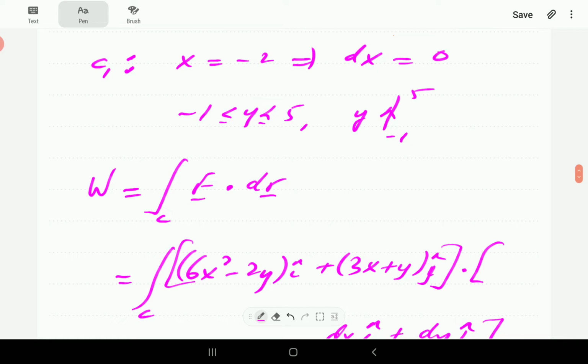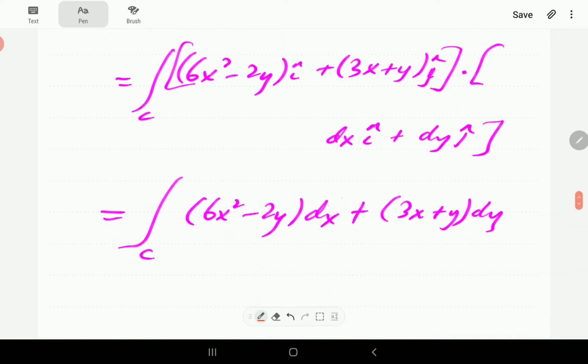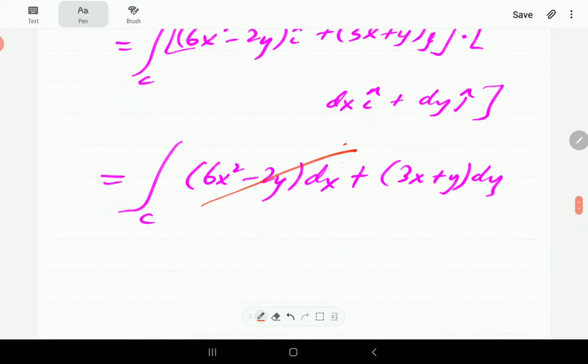Now, along C1, x is -2, and so dx is 0. What this means is that along C1, the first term is going to vanish. And so our integral is simply going to be the integral of (3x plus y) dy.